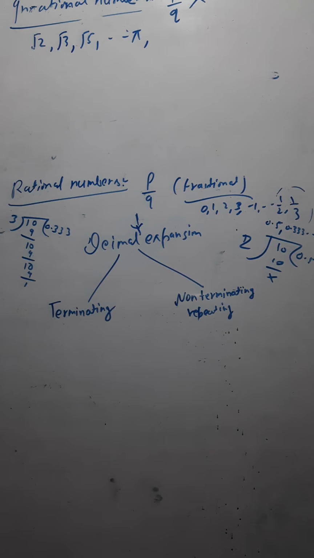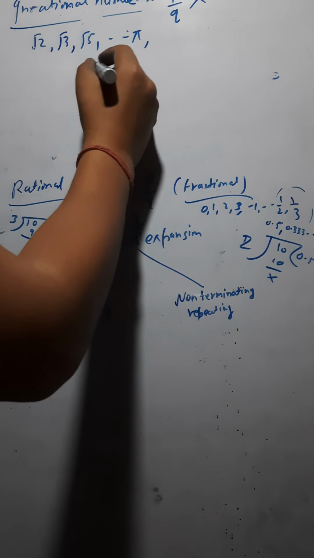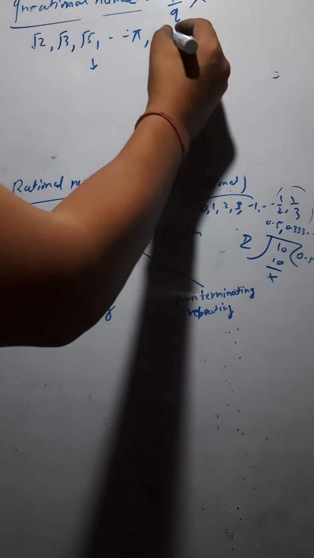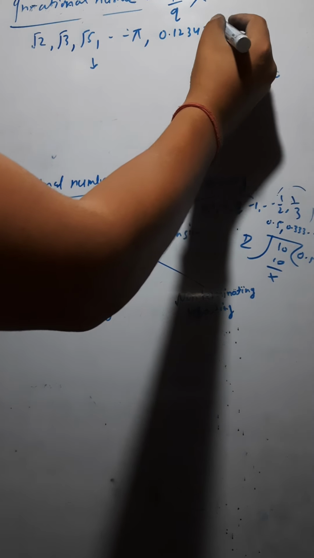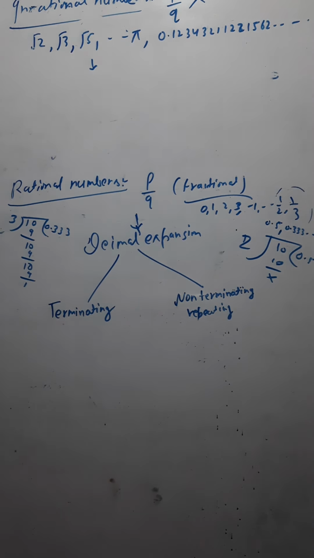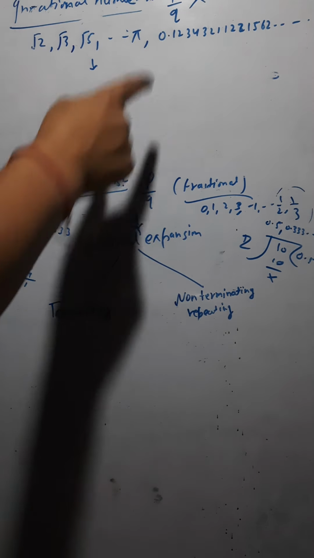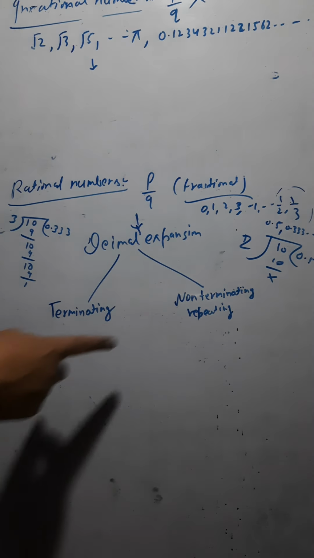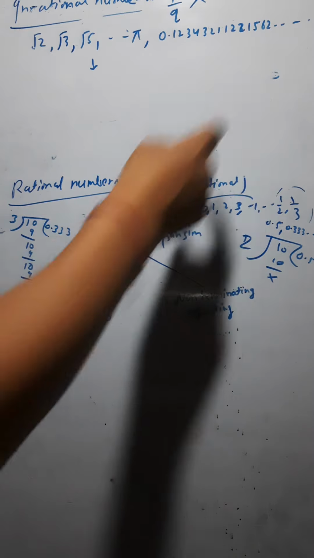Then one more thing, decimal expansion. If you check the decimal expansion of a number like 1.12343212321562 never ending, the decimal expansion is non-terminating. It never terminates.